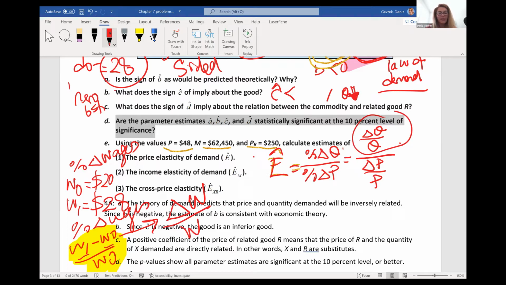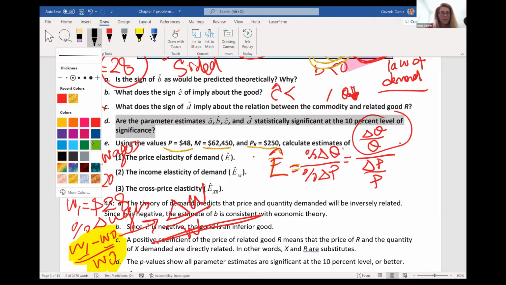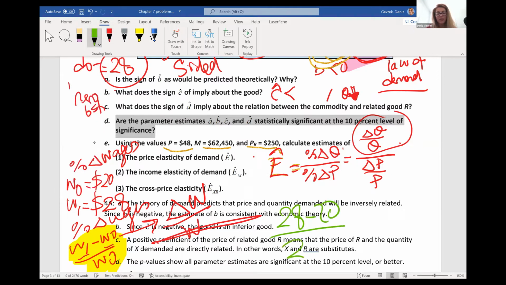If we calculate this, sorry guys, it's a very small space, but I'll make do. Let's do green. So it's 28 minus 20 divided by 20 times 100, 8 divided by 20 times 100.